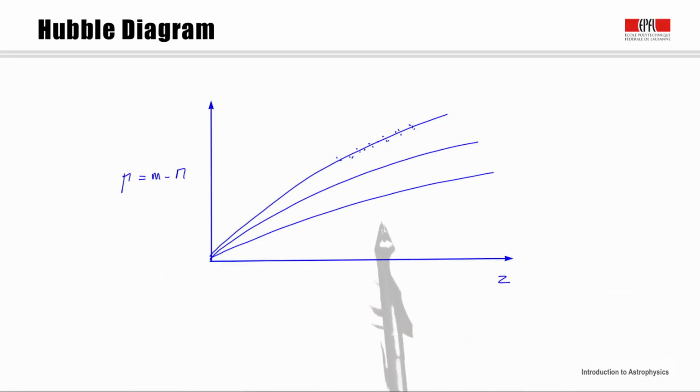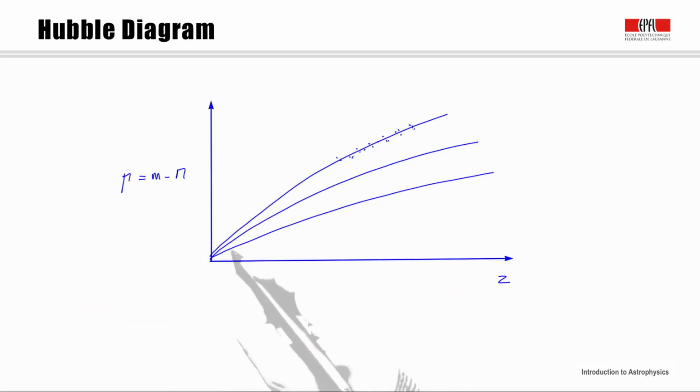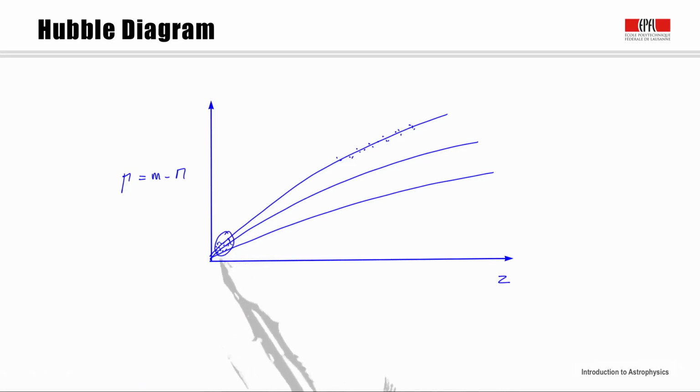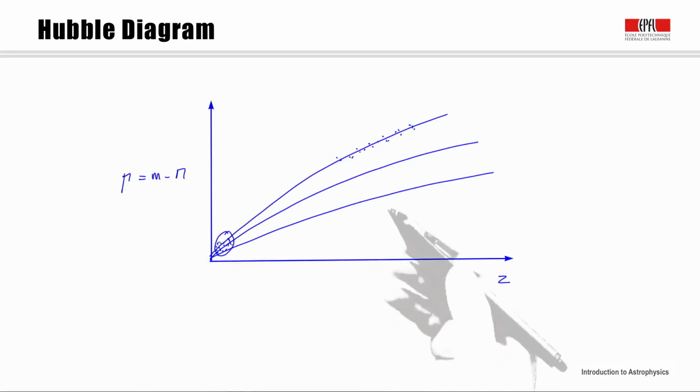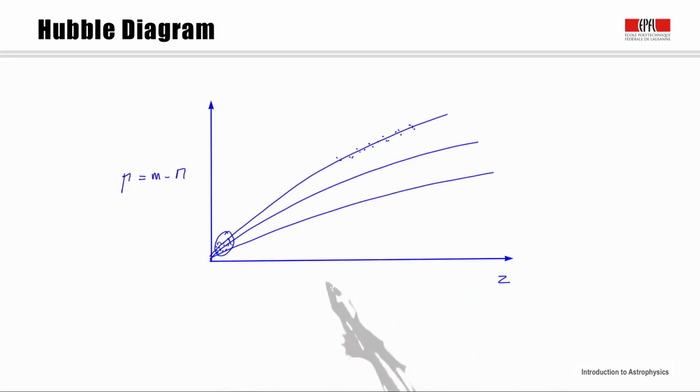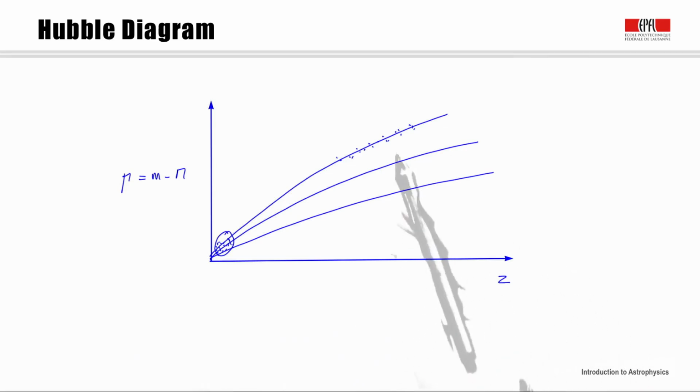We can already see here that the further one goes in redshift, the more one will be able to discriminate between the different models. If I take points too close to us, we will not be able to discriminate between the cosmological models, while there we can do it. Of course, it is harder to measure distant points, since we need bigger telescopes. But we also test the cosmology better.